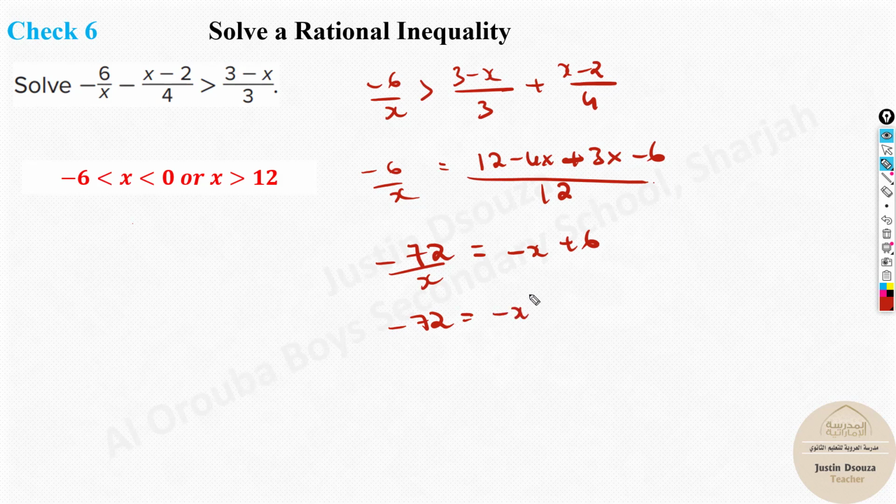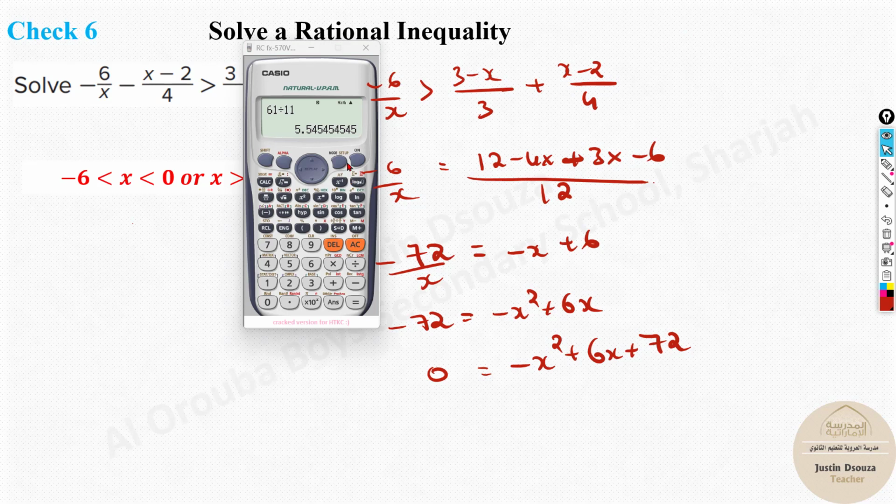So now it'll be minus 72 equals minus x squared plus 6x. And let's just take this to the other side. So here it'll be 0 equals minus x squared plus 6x plus 72. And now we solve it.